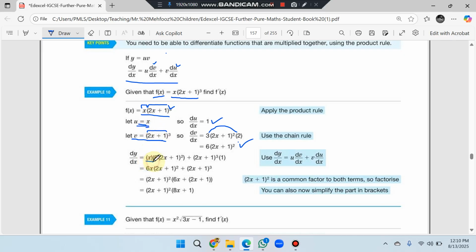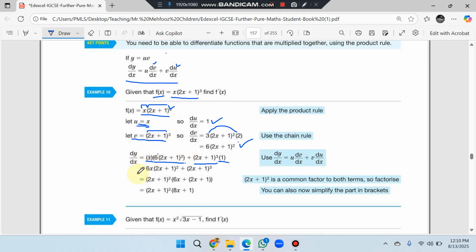What is dv by dx? That is 6 times (2x plus 1) square. And what is v? That is (2x plus 1) cube. And what is du by dx? That is 1. And we have put the values into this formula, and now we can simplify it.